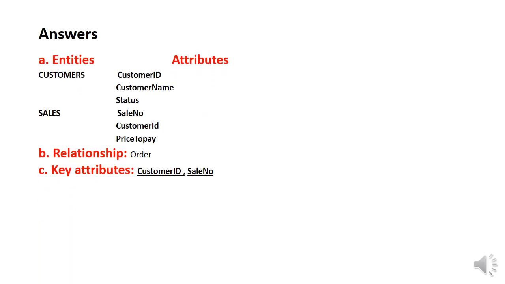So here are some answers. We have two entities, customers and sales, because we have only two rectangles in our entity relationship diagram. On the entity called customer, we have three ellipses or oval shapes.